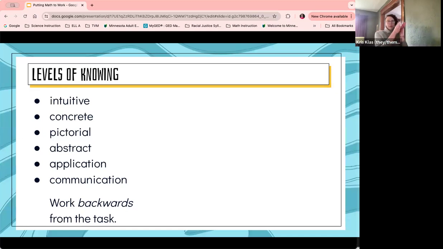But this helps me think about how I'm going to scaffold to a math task in any class, but I think particularly in a job place where you're going to need to be communicating with other employees and employers about the work that you did.